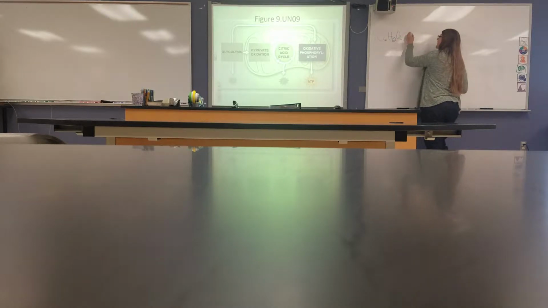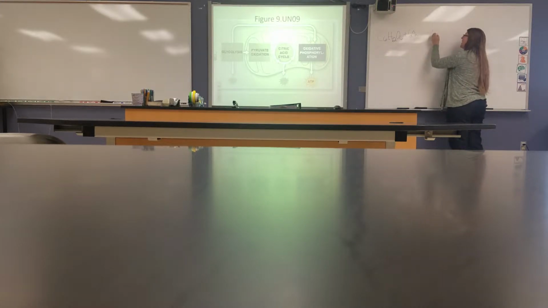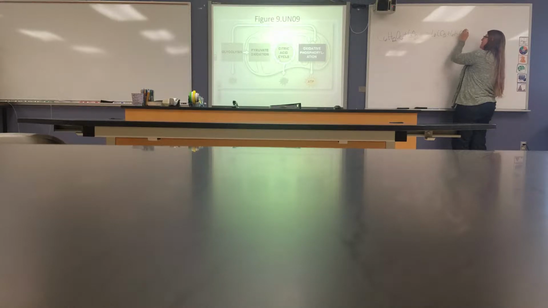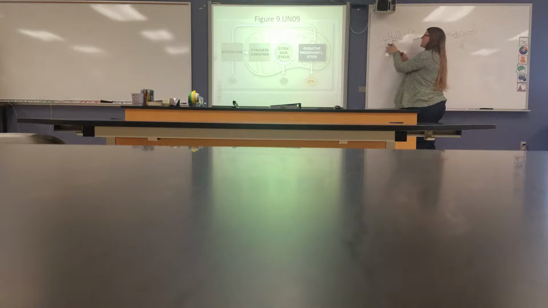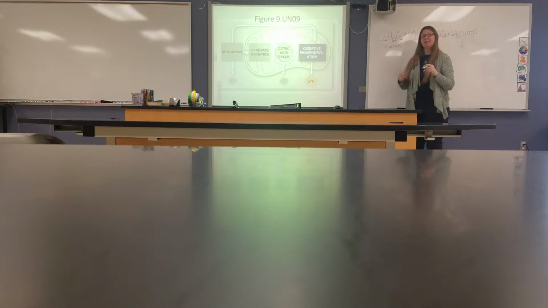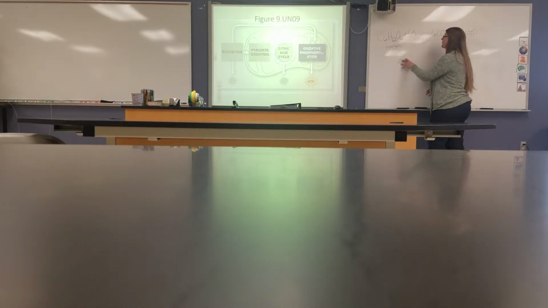If we look real quickly at our overall equation for aerobic cellular respiration, we have glucose plus oxygen goes to carbon dioxide plus water plus ATP. As we've seen previously, the glucose is broken down during glycolysis. This is what this literally means, the splitting of glucose.